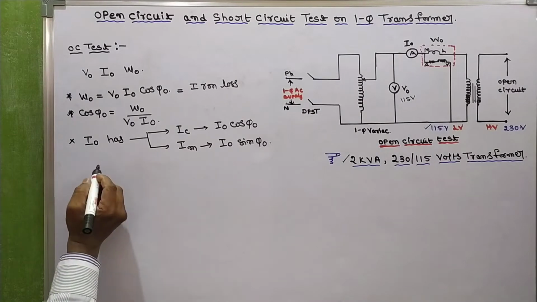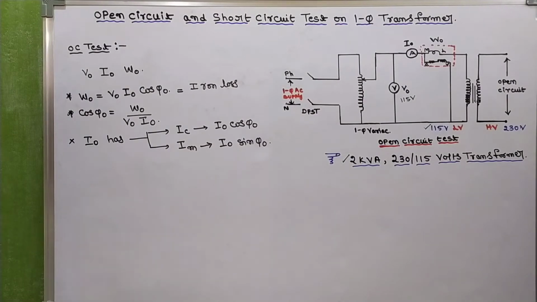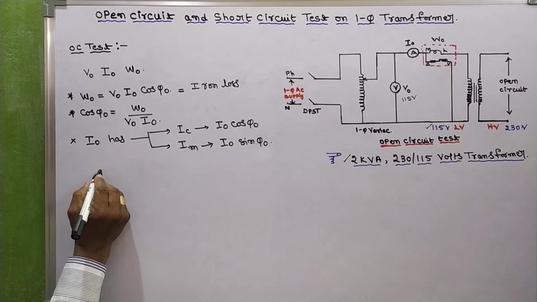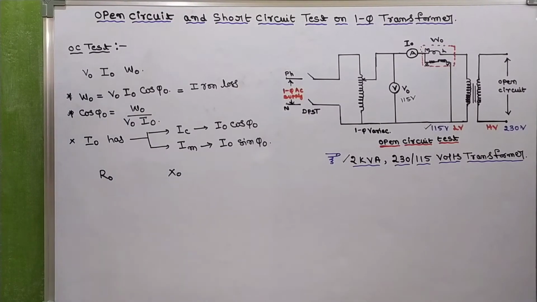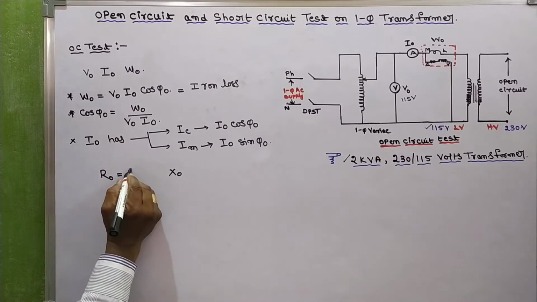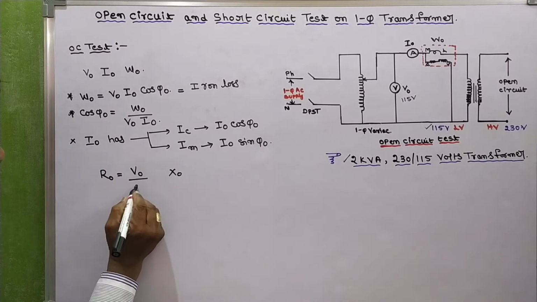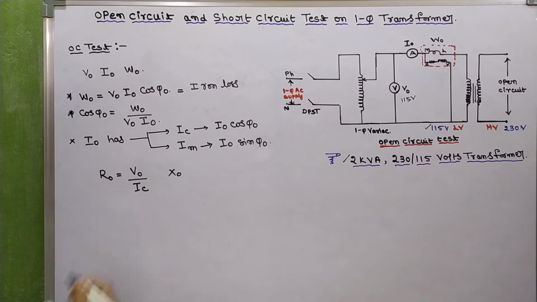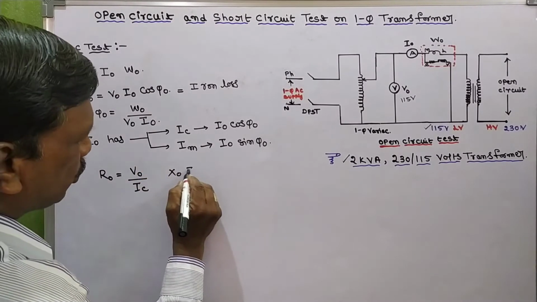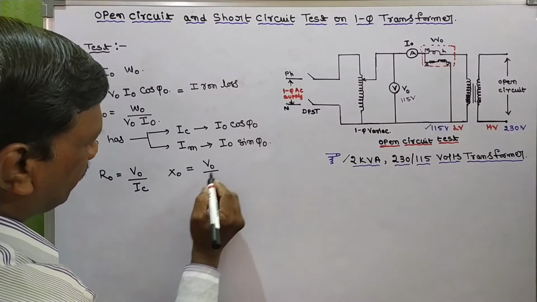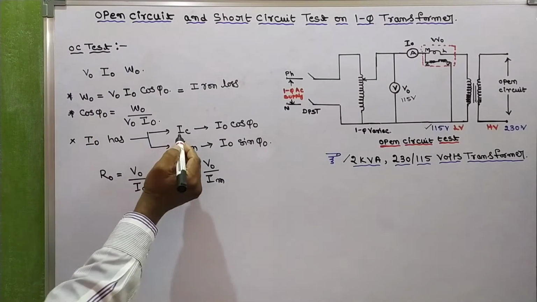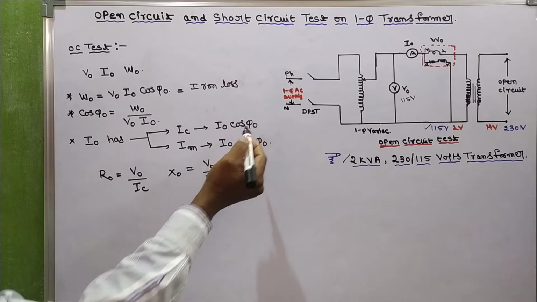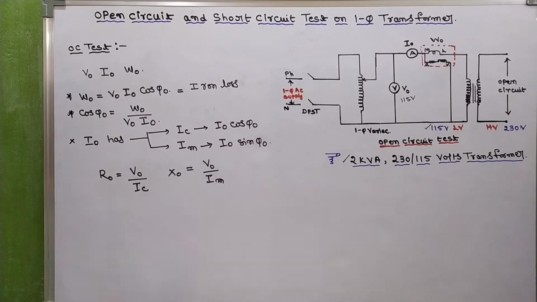Okay, and what are the exciting parameters? The exciting parameters are R0 and X0. R0 is equal to V0 by IC. X0 is equal to V0 by IM. So already we know IC is equal to I0 cos phi naught, IM is equal to I0 sin phi naught.